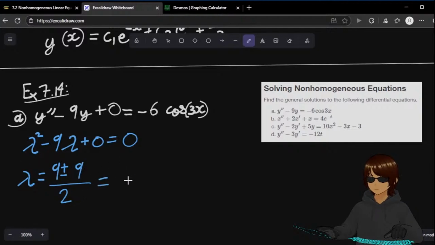So 9 minus 9 is 0. So either the solution is 0 or it is 9.